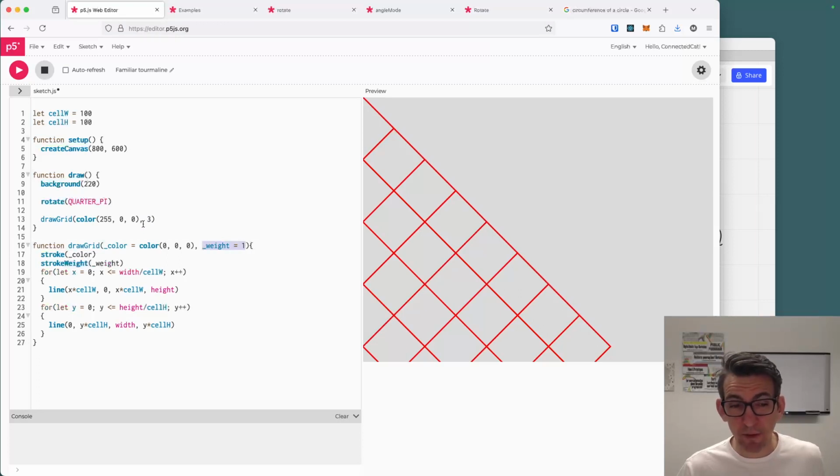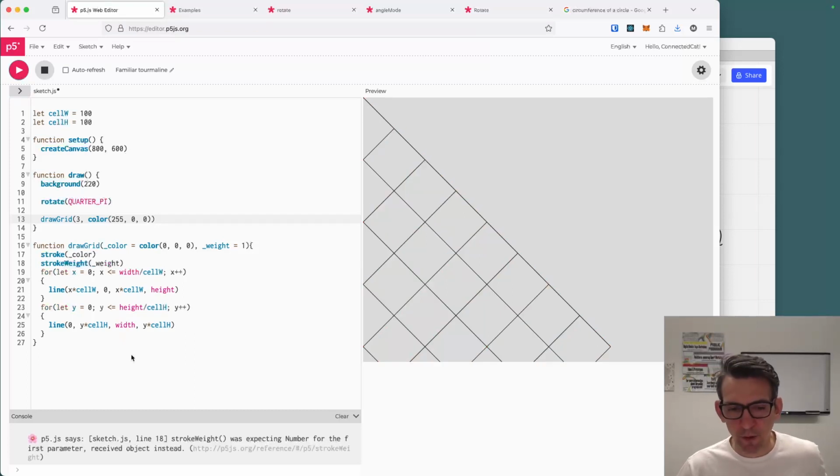So if I switch them around, I'm probably going to get an error or some kind of weird result, or it might just revert to defaults, depending on how p5.js handles it. I don't think I've ever tried it. We can see what happens if I say 3 and then color.